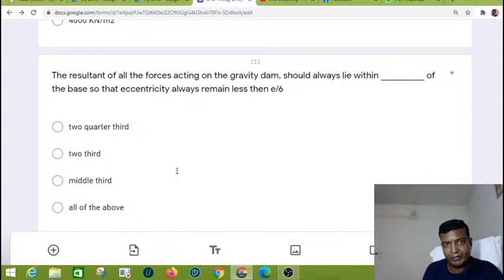The resultant of the forces acting on the gravity dam should always lie within two-third, two-quarter third, middle third, all of the above. So your answer will be, just type in the chat box.